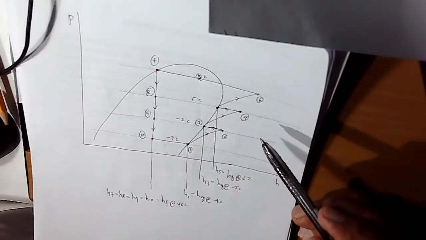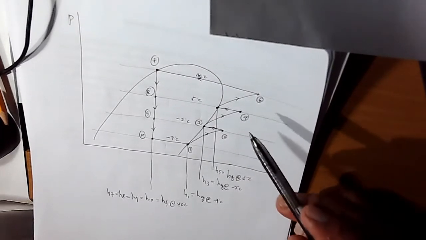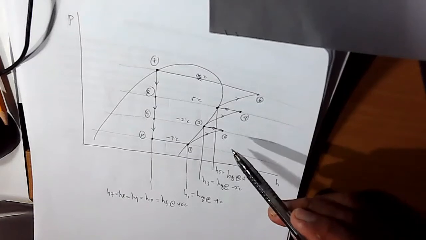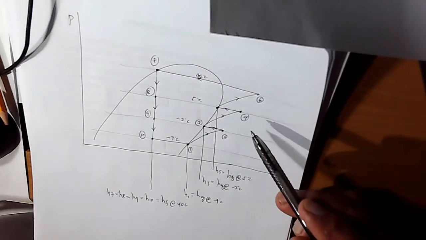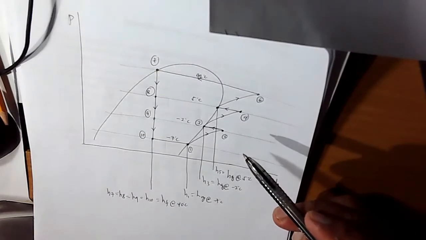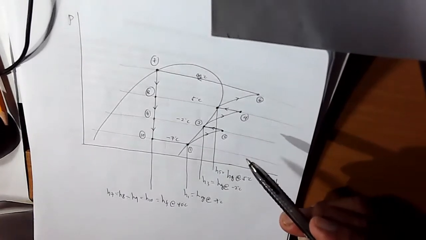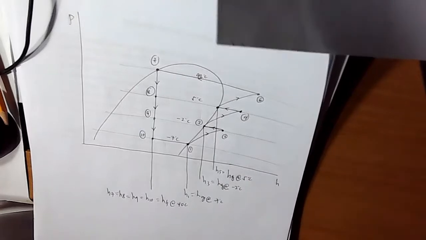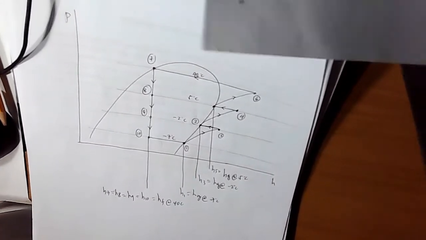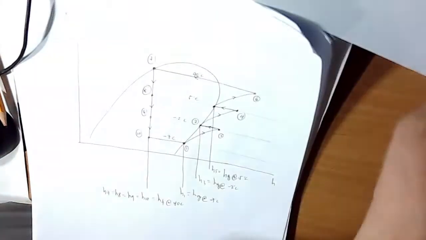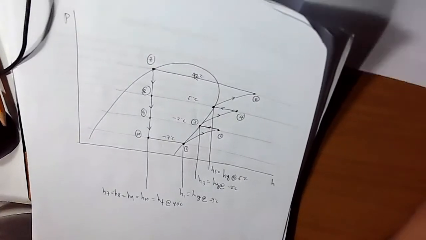You are going to plot this into your chart. Of course, you need to have at least exact enthalpies as compared to my enthalpies, so that we have the same answer later on.